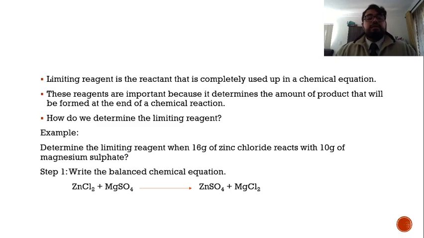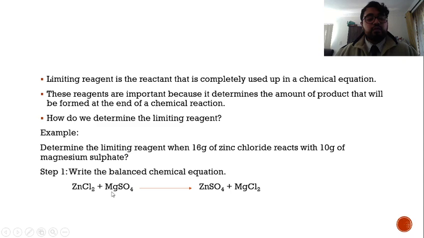Now, is the equation balanced? That's what we need to know. So let's look at it. We have on our reagent side one zinc atom, and on our product side one zinc atom as well. On our reagent side we have two chloride atoms, and on our product side two chloride atoms. Let's look at the other reagent, magnesium sulfate.